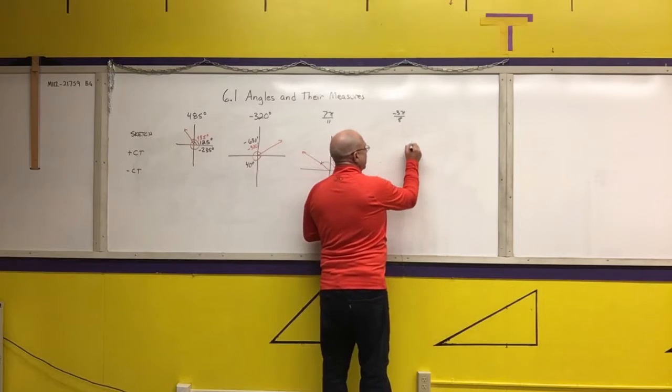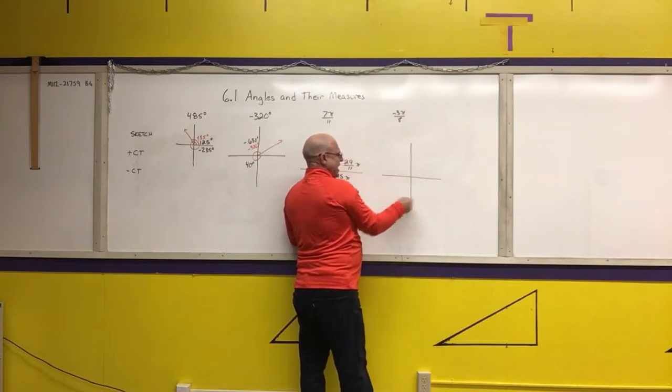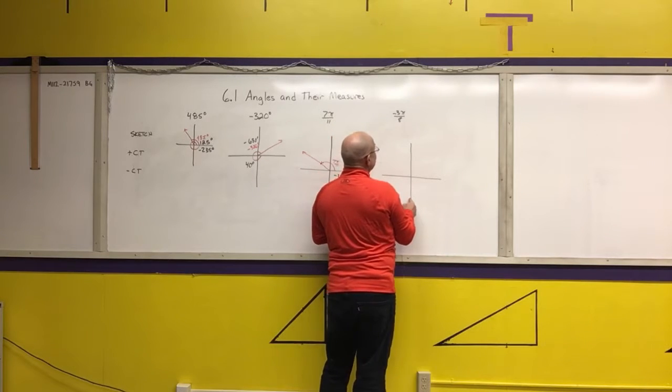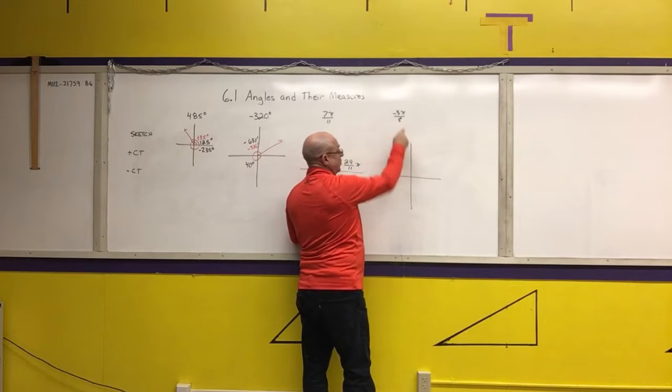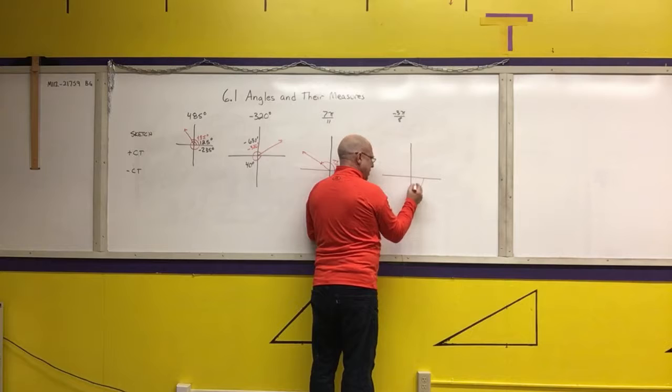And the next example, negative 3 pi 8ths. Well, this is negative a half. Negative 3/8, so that would be negative 4/8. So negative 3/8 is 3/4 of that.